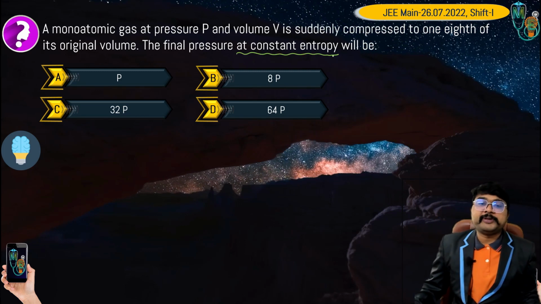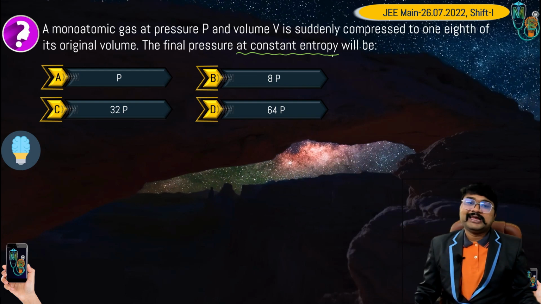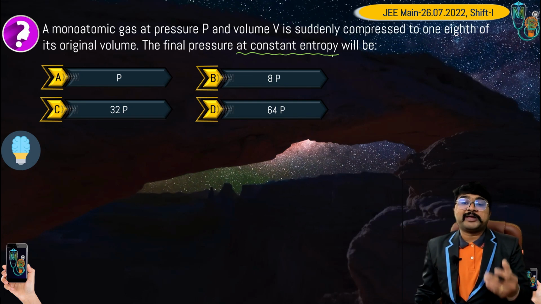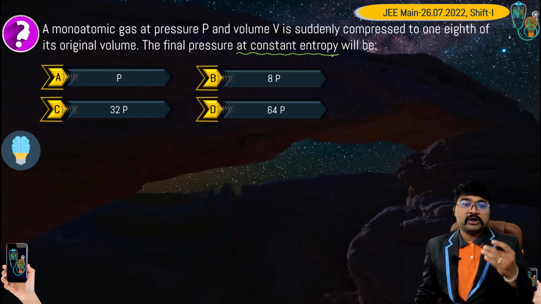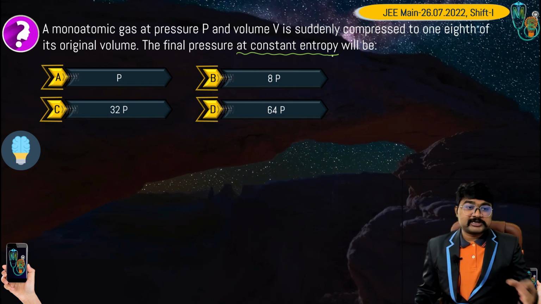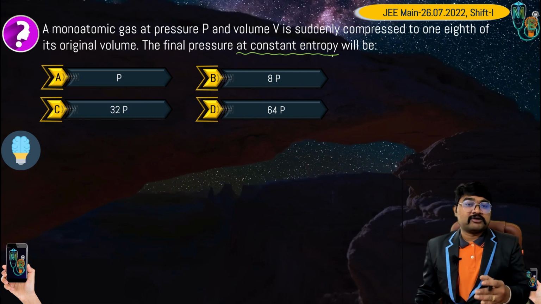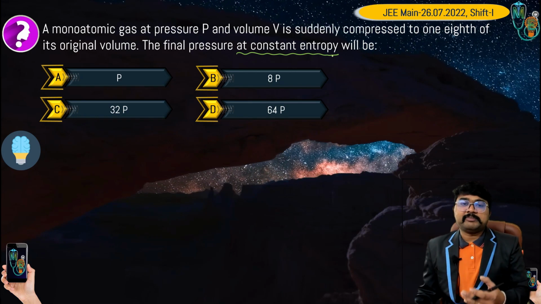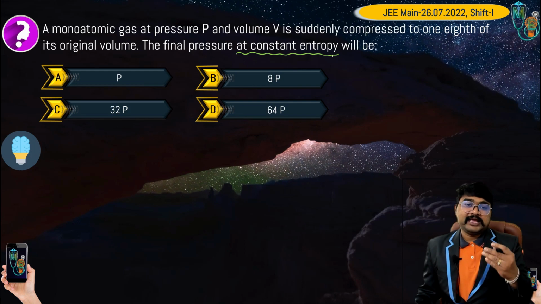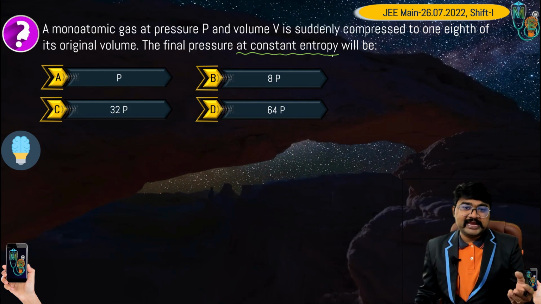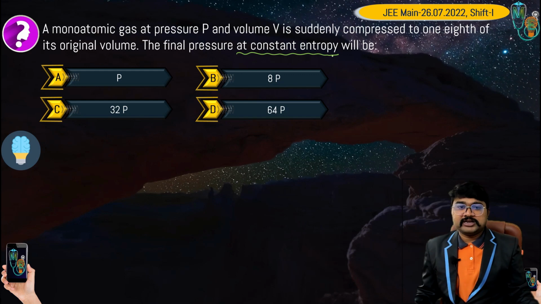Initial pressure P, initial volume V, then it is compressed to 1/8 of its original volume, so the final volume will be V by 8. Then they are asking the final pressure.